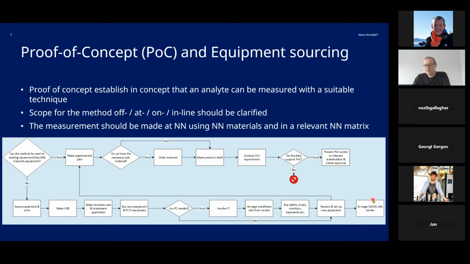So if the vendor promises to measure A, B, and C, and the specification of the instrument is A, B, and C, then we actually have some documentation that the instrument has the performance as promised.